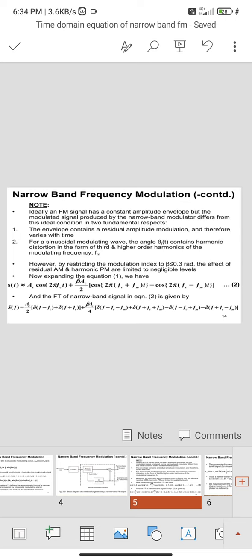Now expand equation 1. S of t equals Ac cos 2 pi fc t plus beta Ac by 2 times cos 2 pi (fc plus fm) t minus cos 2 pi (fc minus fm) t, and the Fourier transform of the narrowband signal is given by the delta functions at fc minus fm and fc plus fm.